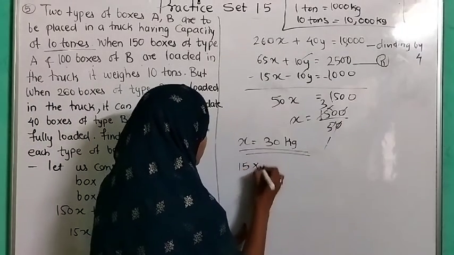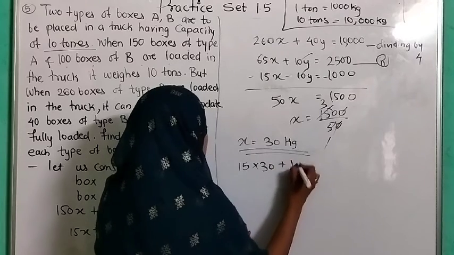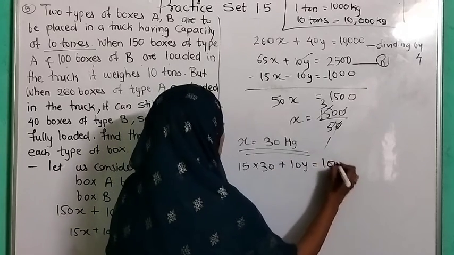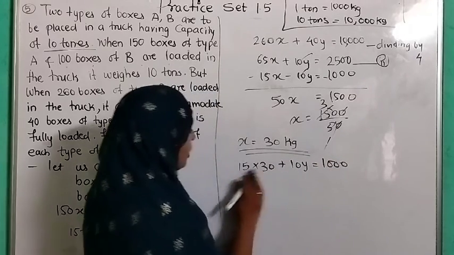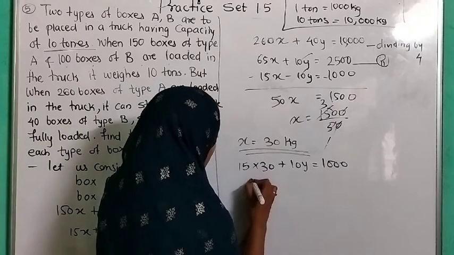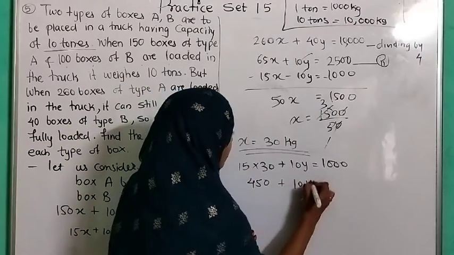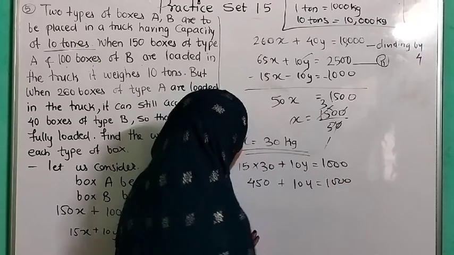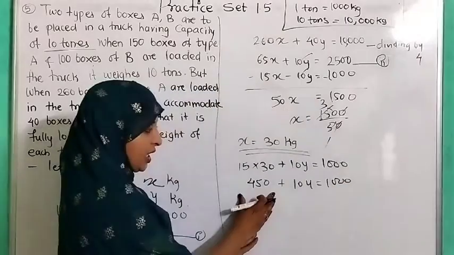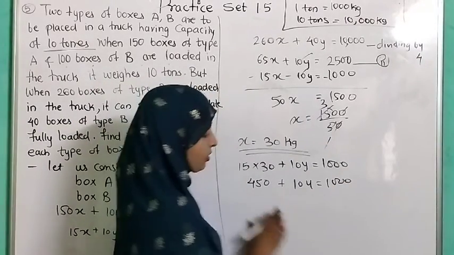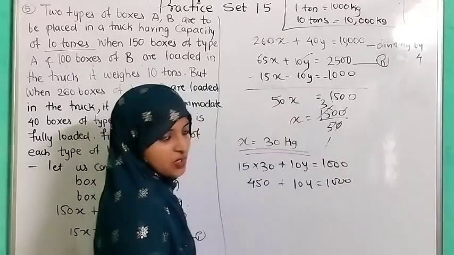15 into 30 plus 10y is equal to 1000. Then 15 threes are 45 and 0, so 450 plus 10y is equal to 1000. Here 450 is added; when we shift it, it becomes subtracted.